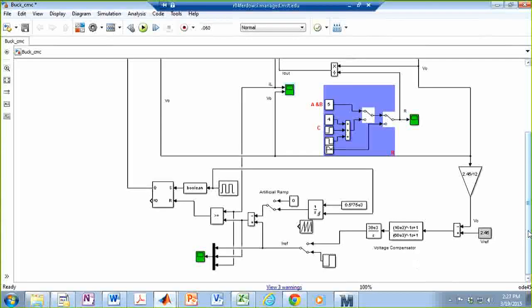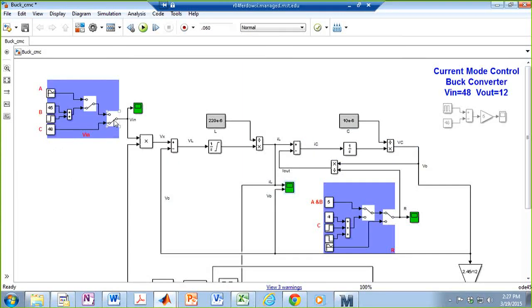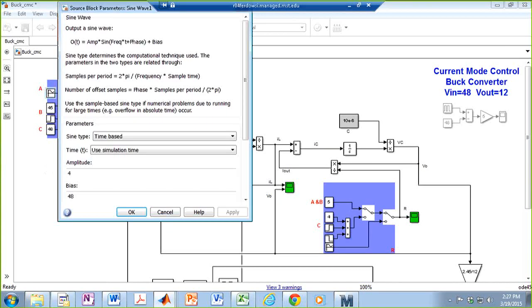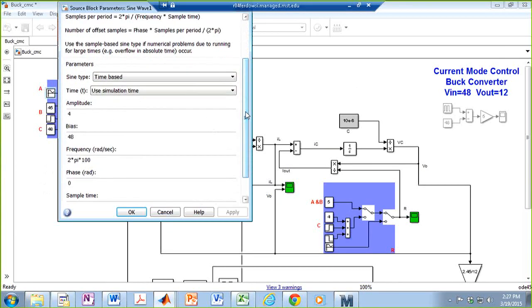So what I can do is perturb the input voltage. Let's say my input voltage is not exactly 48 anymore. It is 48 as its DC value plus like 4 volts of fluctuations at 100 hertz, something like this.